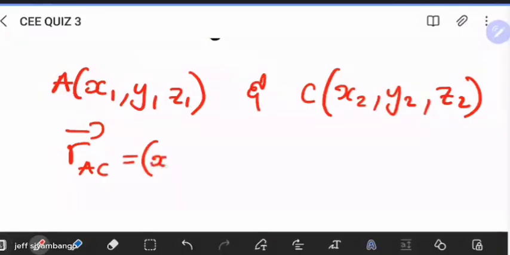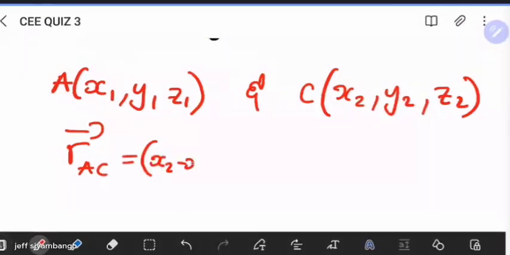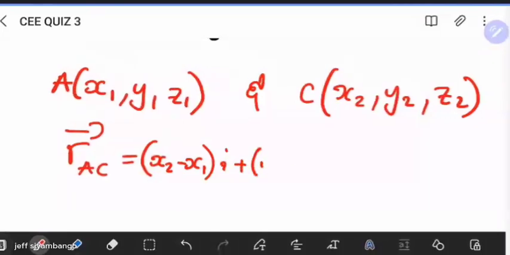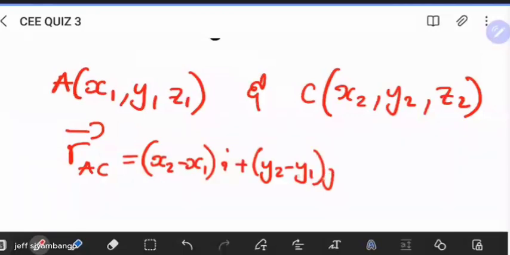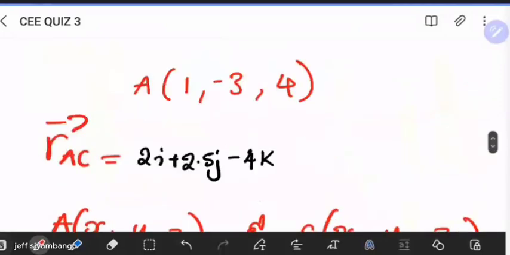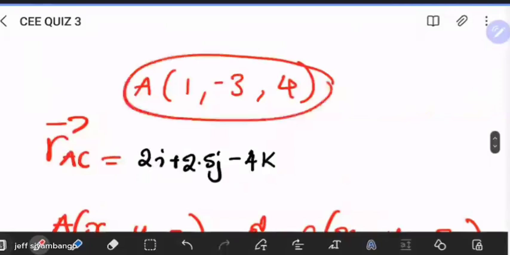In x, it's x2 minus x1. In y, it's y2 minus y1. And then in z, z2 minus z1.